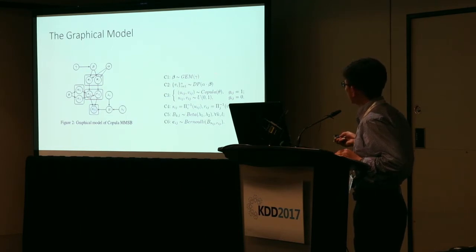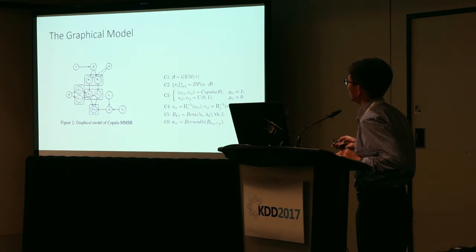C1 and C2 define the stick breaking process, and pi for nodes i and j can be sampled from this process with some parameter.